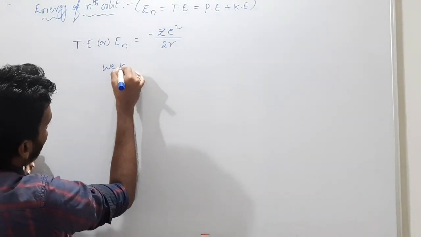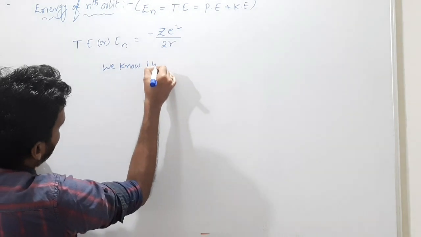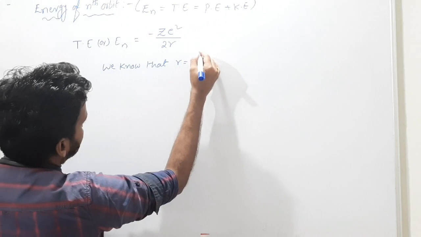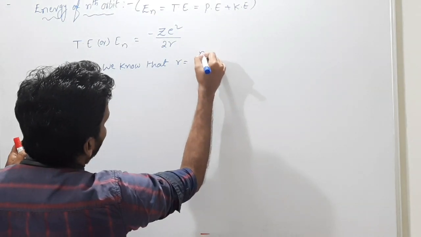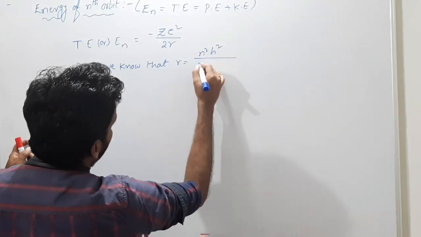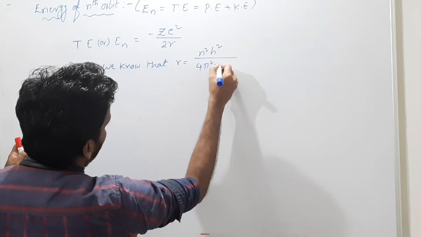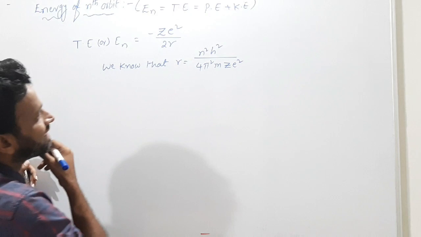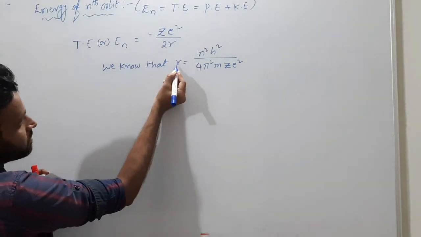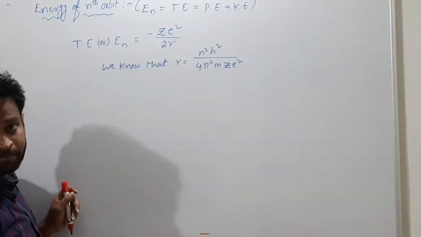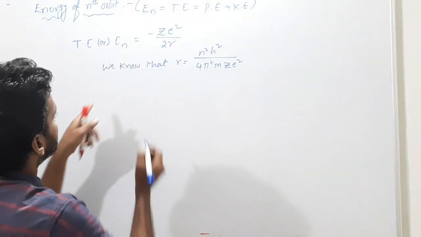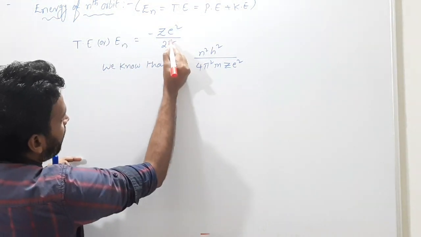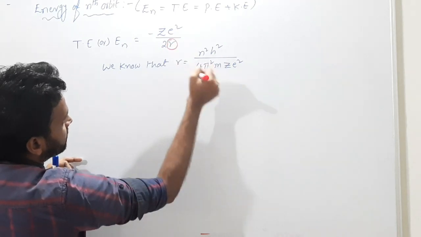We know that r is equal to n square h square by 4 pi square m Ze square. This is the formula. So substitute this radius in place of r in this total energy.